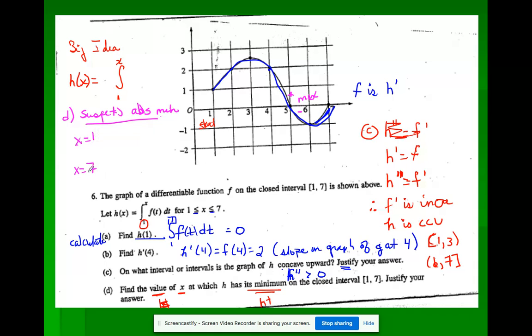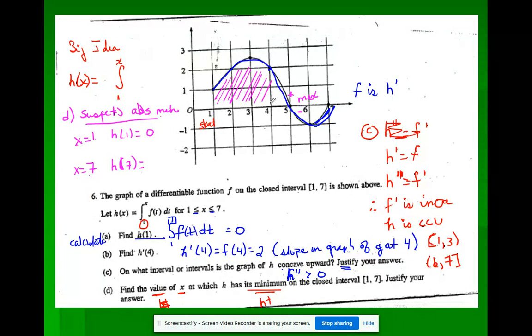Look at part A. h of 1 is 0. Now, I don't know what h of 7 is, but I can talk about its value relative to 0, can't I? I don't know what it is, but if I'm starting here, the integral values I'm collecting and accumulating are all positive.